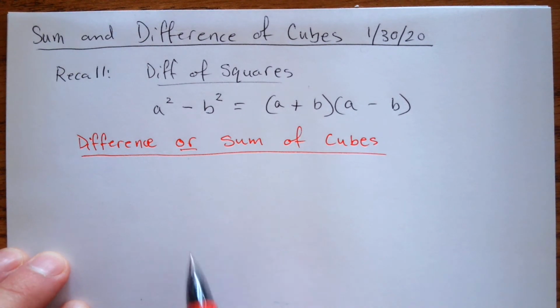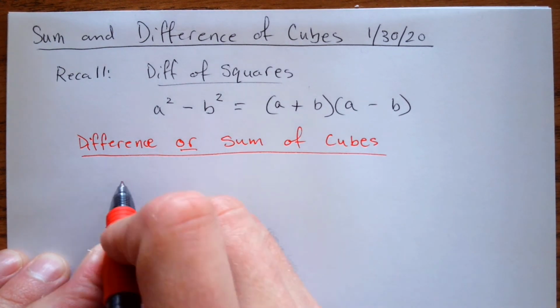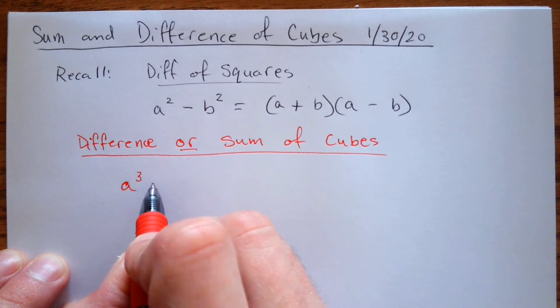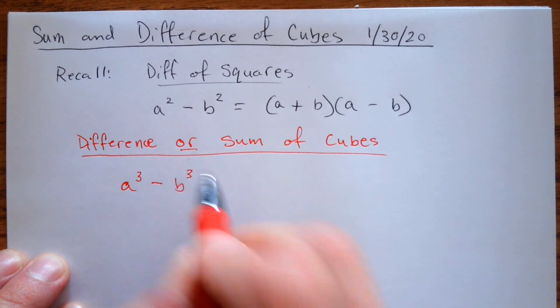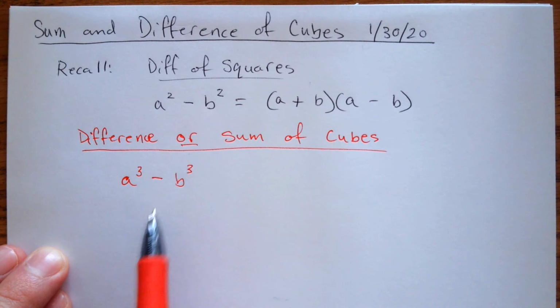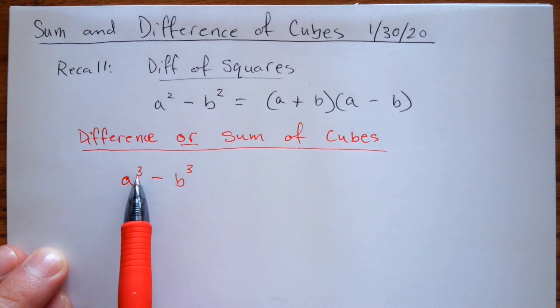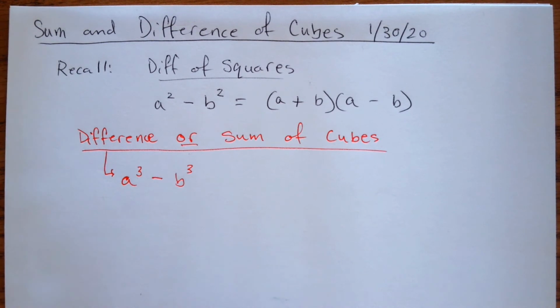First, since I wrote difference, let's look at a difference of cubes. a cubed minus b cubed. So the reason this is a difference of cubes: difference because we have a minus here, cubes because we have something cubed here. And this one will be a difference of cubes.